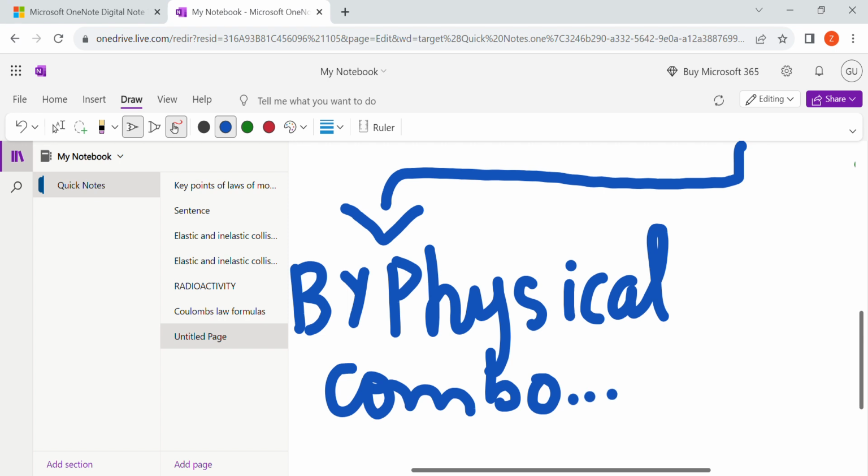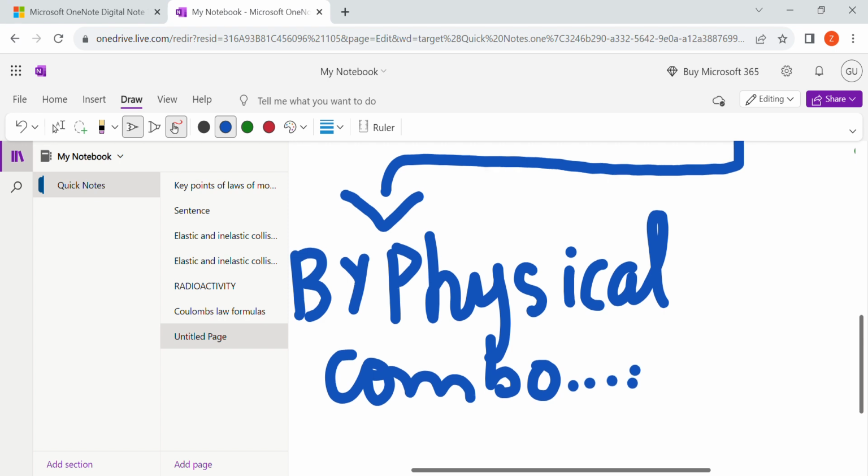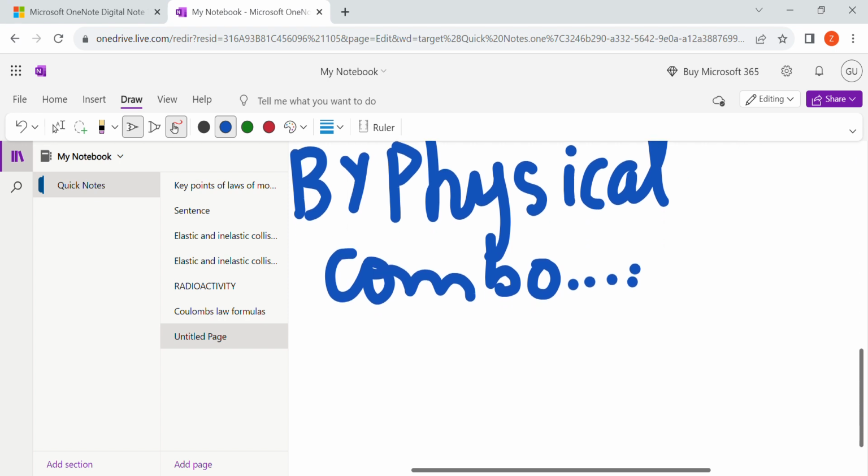Combo means combination. So I think we should first go through the physical combination, because we're going to look at chemical combination on the other side. First, let's just cover this quickly. So what happens in the physical combination?